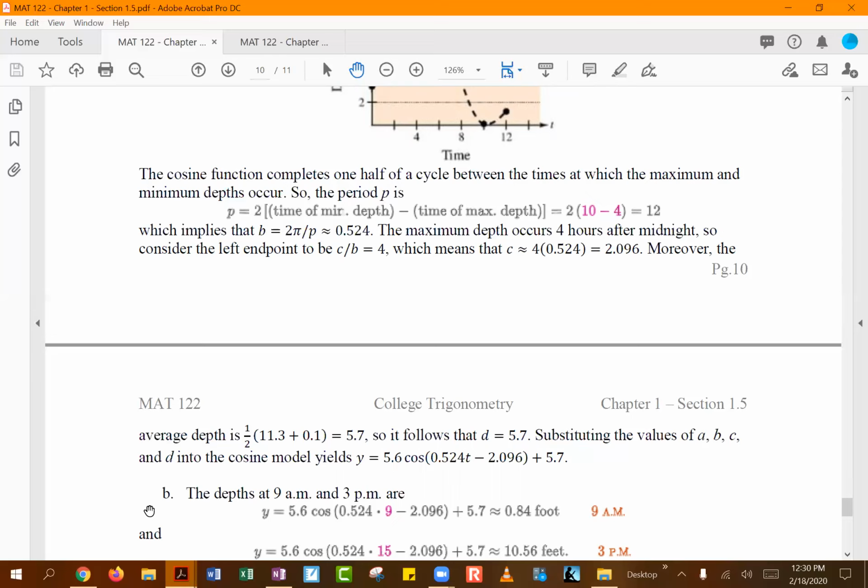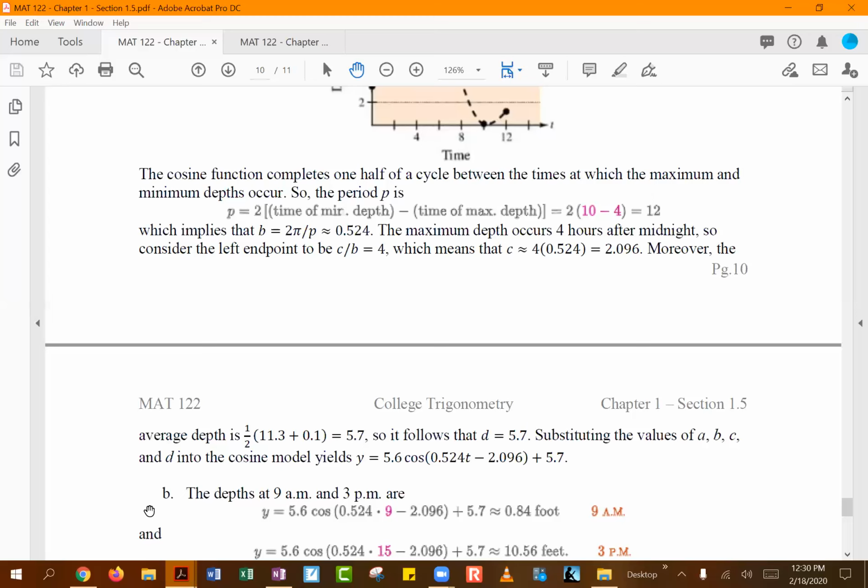And then of course, remember the period formula was 2 pi divided by b. They're rewriting that as b equals 2 pi divided by the period, and that's giving you an approximate b value of 0.524.